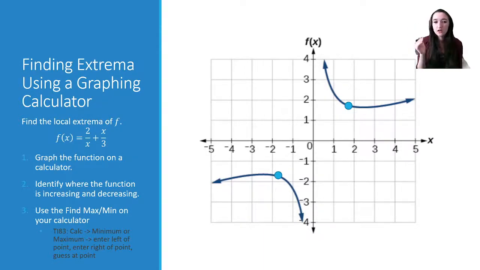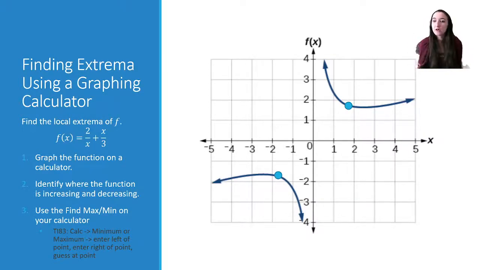So you will arrow over to the left of where you believe the minimum to be, if we're looking for a minimum, and then it'll ask for "Right?" and so you'll arrow over to something that's a little bit to the right of the minimum, hit enter, then you will arrow over, it'll say "Guess," so you place the cursor right on top of the minimum.